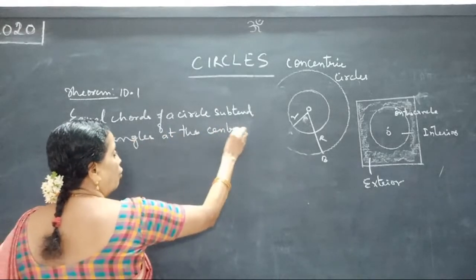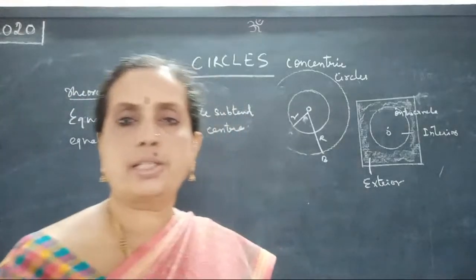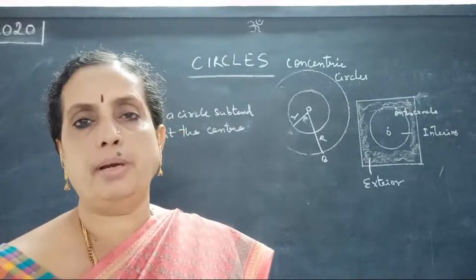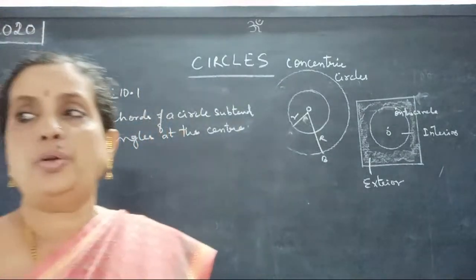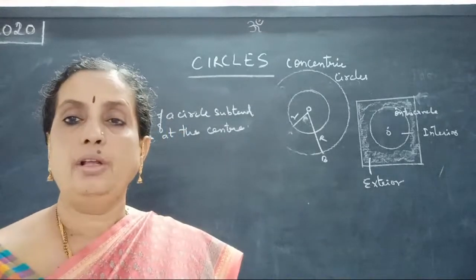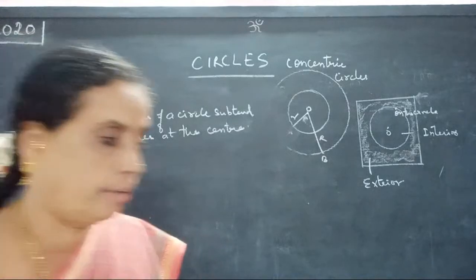Like how you prepared the statements in lines and angles, in this chapter also you have a number of statements with respect to the theorem. You have to write them again and again so that we can easily prove the problems based on them.